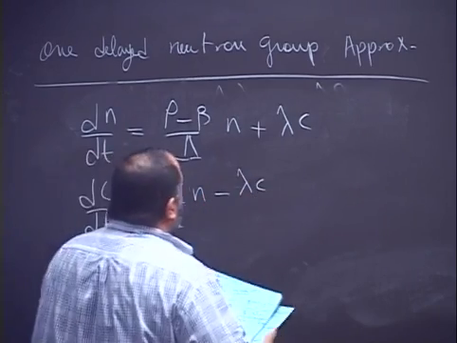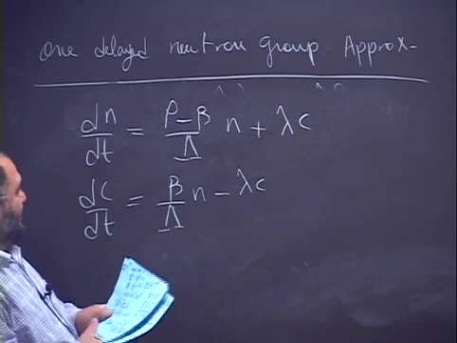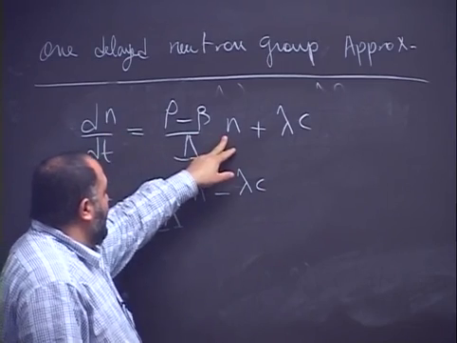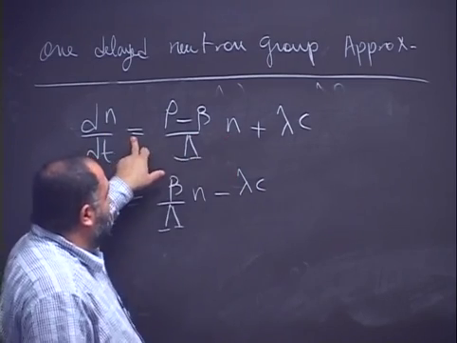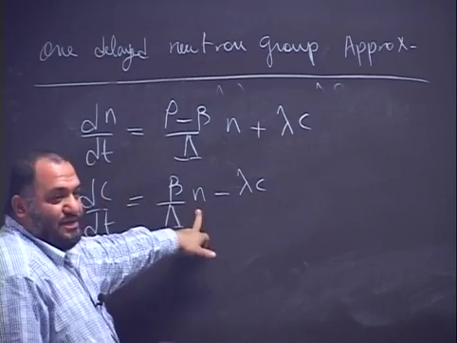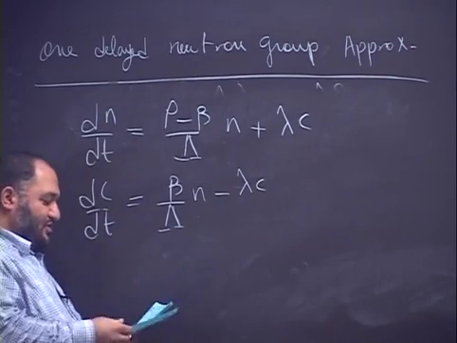And this is a coupled first order differential equation. Why is it coupled? Because you have n here, and if you want to calculate n, you have to calculate c. But if you want to calculate c, you have to know n. So it is coupled, and it is a first order differential equation.